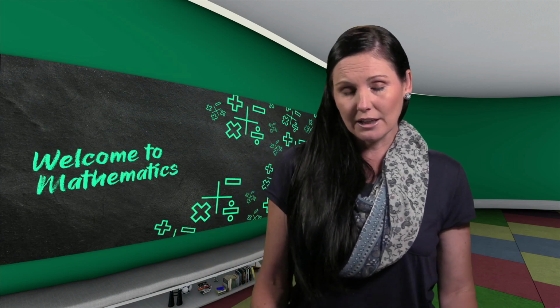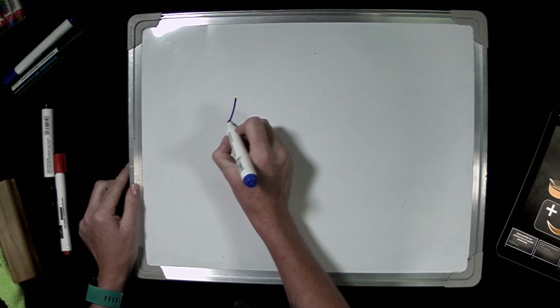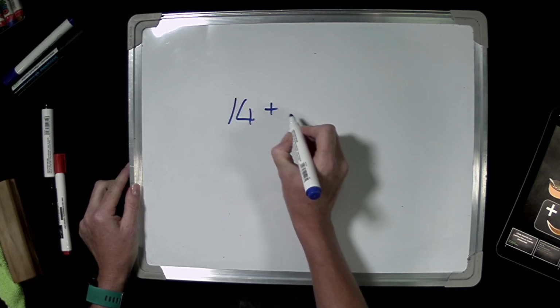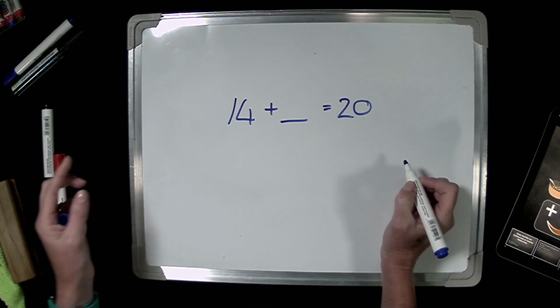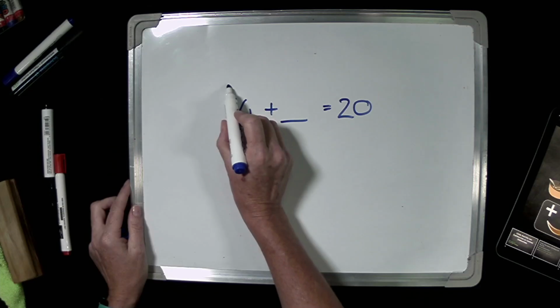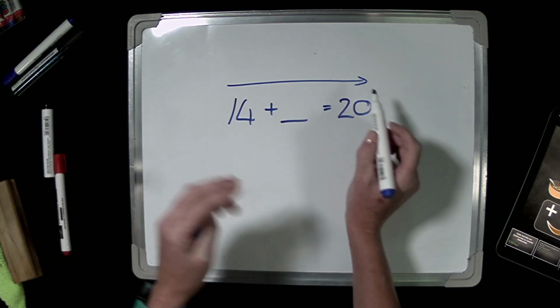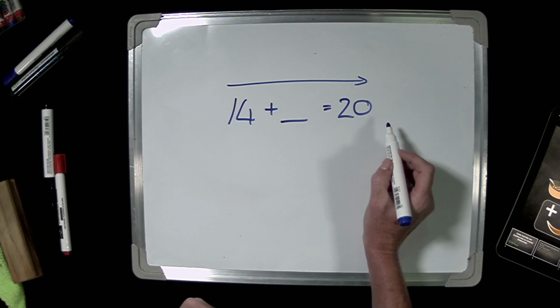Say you get a calculation and it says 14 plus what equals 20. Now, sometimes it's easier for you to do subtraction than addition. And then we work the calculation from the left to the right. Now, inverse, remember, means the opposite.